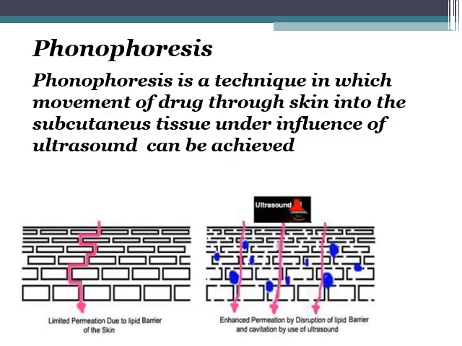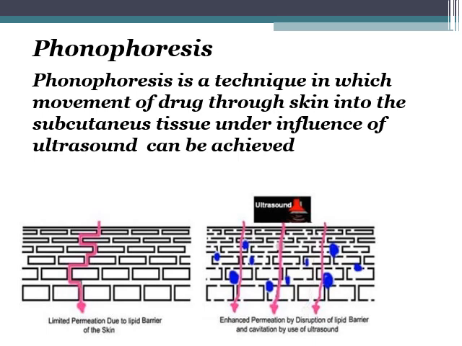Now let us understand what is phonophoresis. You all know iontophoresis, so it is somewhat similar to iontophoresis, but in iontophoresis we use electric energy. Here we are using ultrasonic energy.